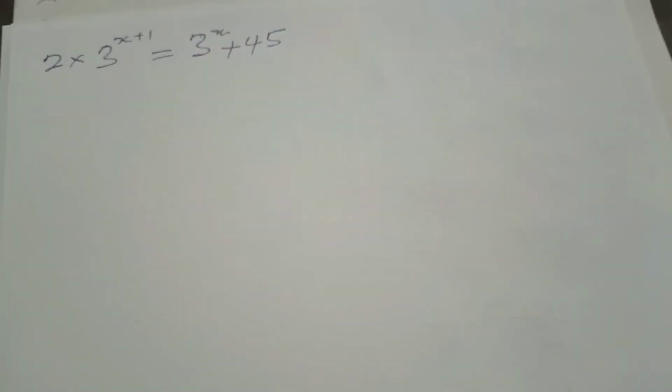So we have 2 times 3 exponent x plus 1 being equal to 3 exponent x plus 45.